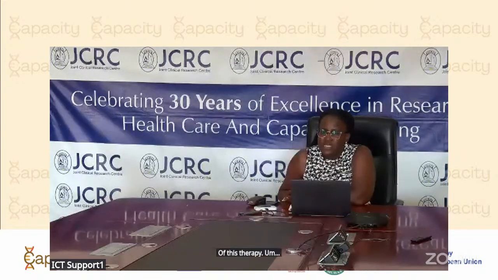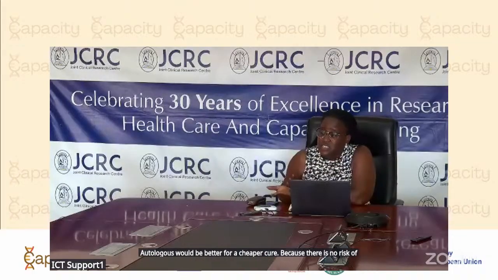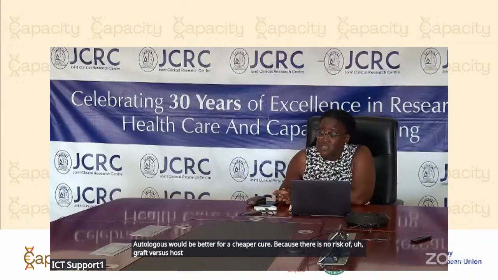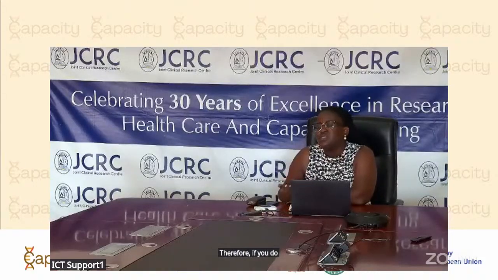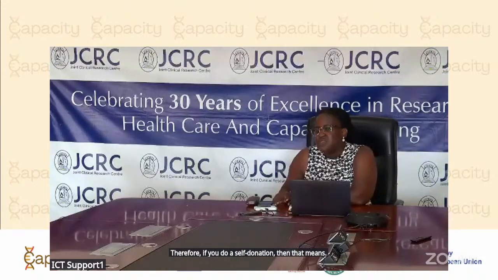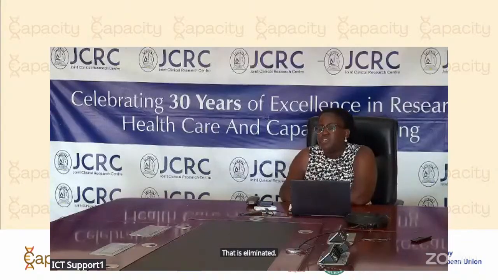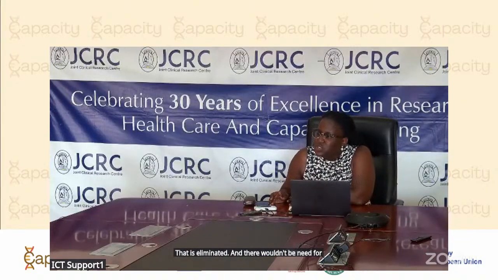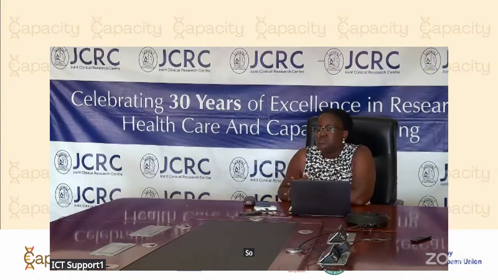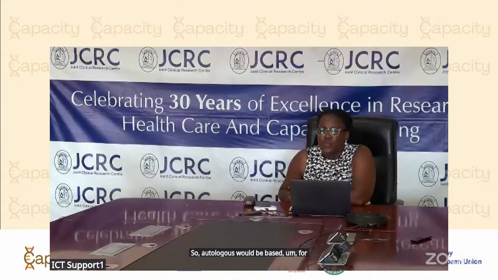Autologous would be better to achieve a cure because there is no risk of graft versus host disease. Therefore, if you do a self-donation, then that is eliminated and there wouldn't be need for immunosuppression. So autologous would be best for HIV cure rather than the BMT.